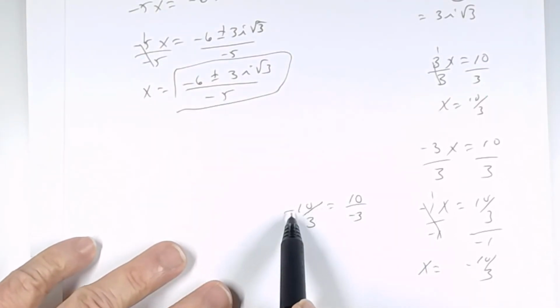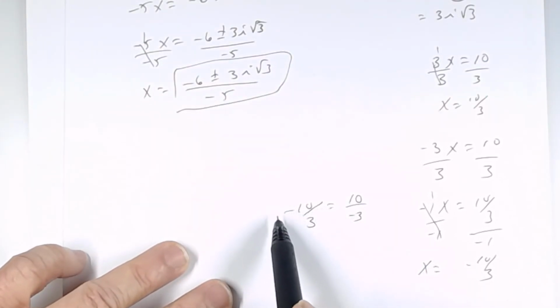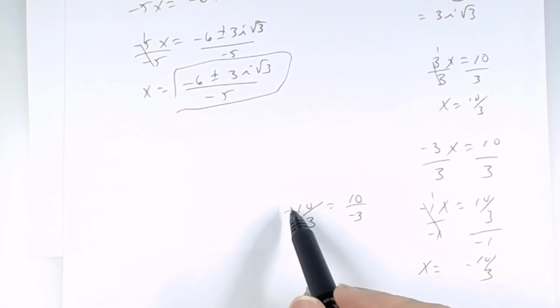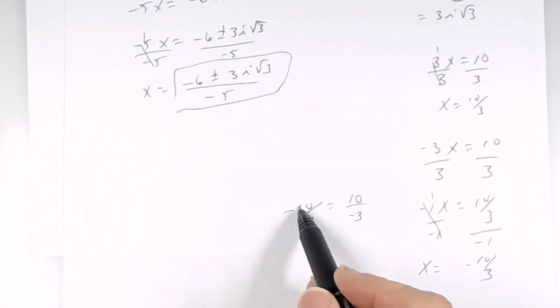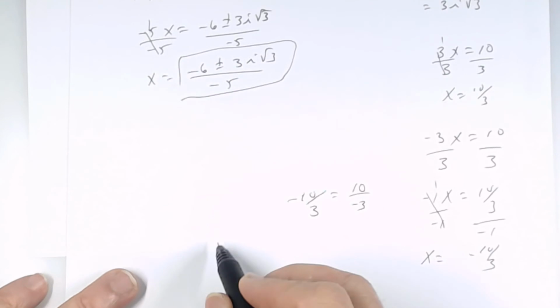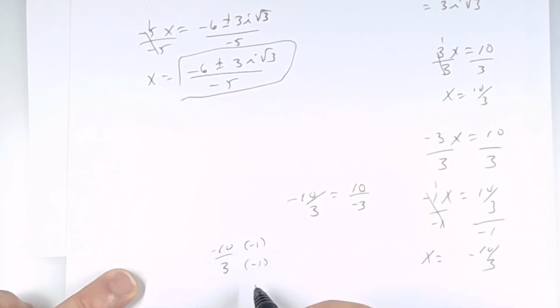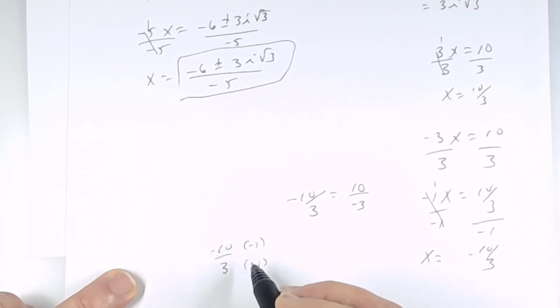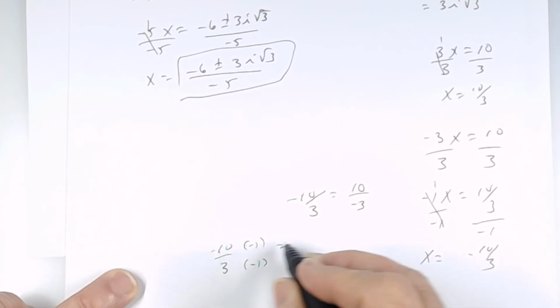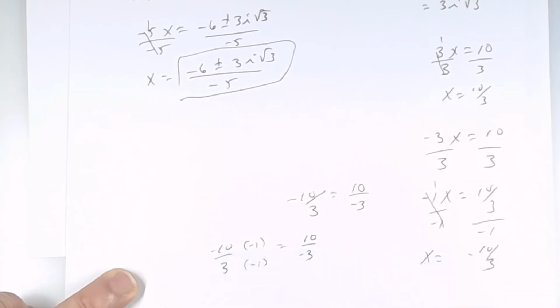Okay, let's talk about this right here. All you have to do is change the signs. Basically what you're doing is saying negative 10 times negative 1 is what? What you do to the denominator, you do to the numerator. So negative 10 times negative 1 is 10. 3 times negative 1 is negative 3.